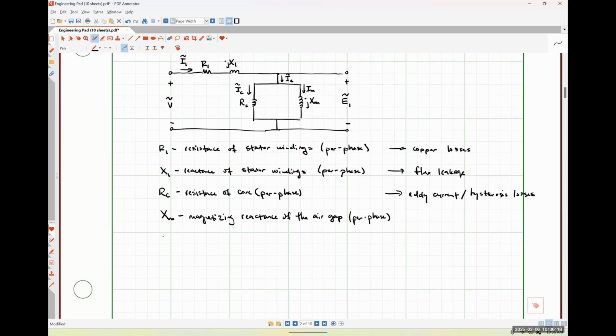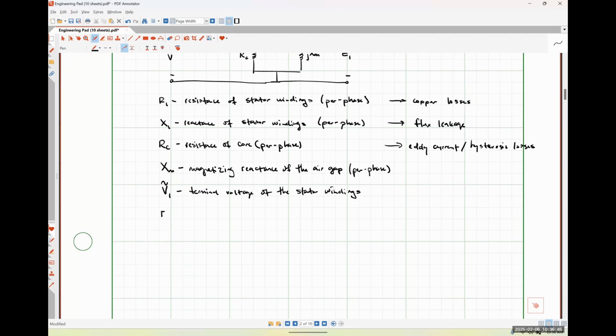And then once again, we have our voltage V1. This is the terminal voltage of the stator windings. So this is what we have control over. This is the voltage that we are applying. And then E1 is the induced voltage across the stator windings.